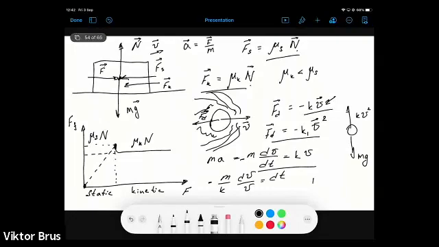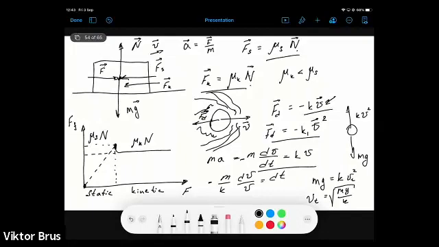So mg is equal to k v terminal squared. And this terminal velocity is the maximum velocity of a falling body in the atmosphere or in any other environment, depending on this coefficient k. So it will be the square root of mg divided by k.